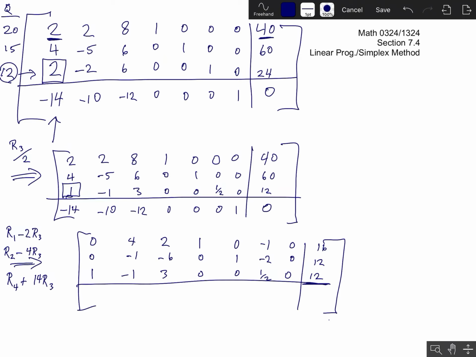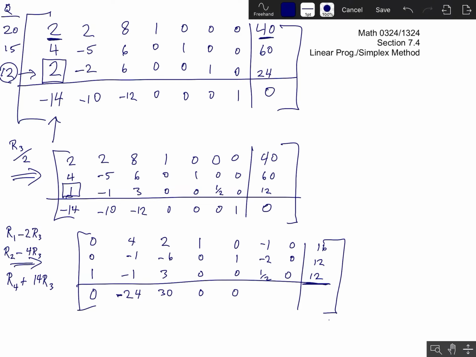So for this next one, we have row 4 plus 14 row 3. So we're adding 14 times what's above the bottom row. So this would be a 0. This would be a negative 10 plus a negative 14. So that's a negative 24. This one would be a negative 12 plus 14 times 3. That would be a 42. So negative 12 plus 42 is 30.